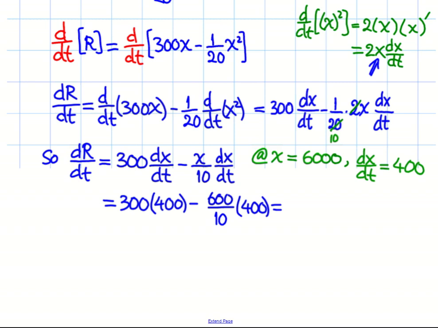So 300 times 400 is 120 thousand, minus 6,000, x is 6,000, and then we cancel, and so we have 600 times 400, which is 240,000, and that will be negative 120,000.